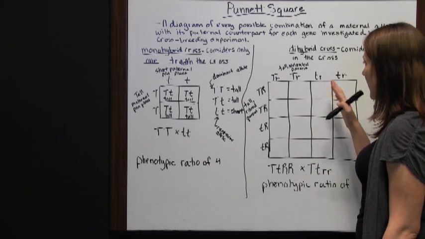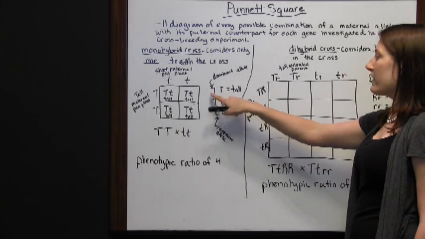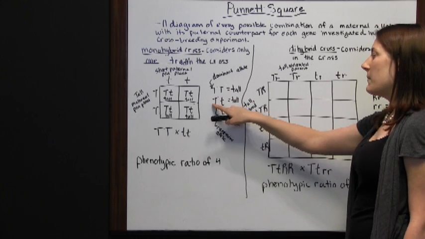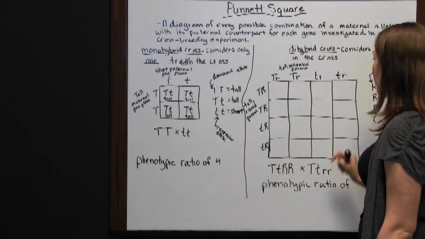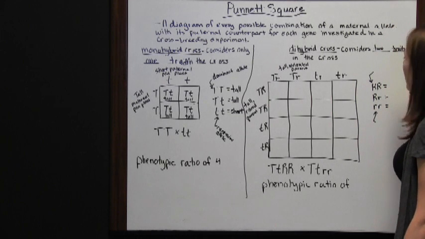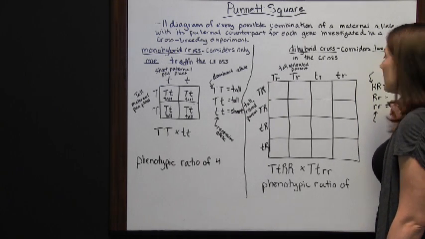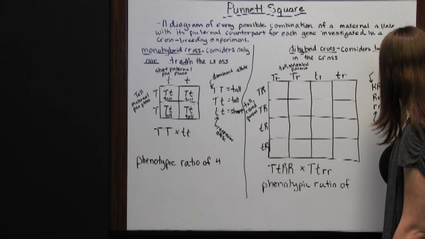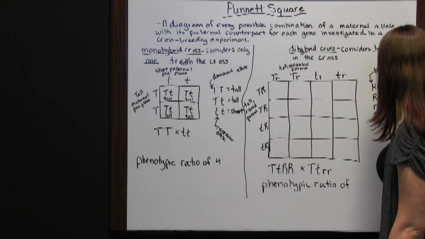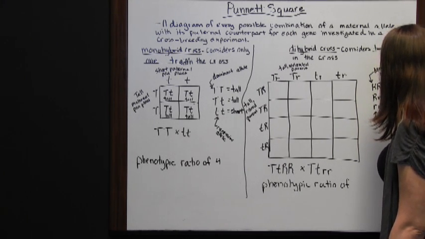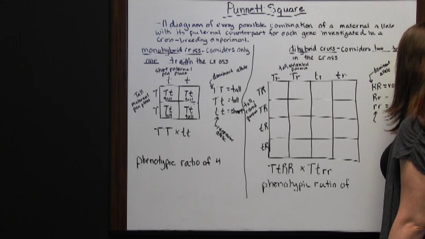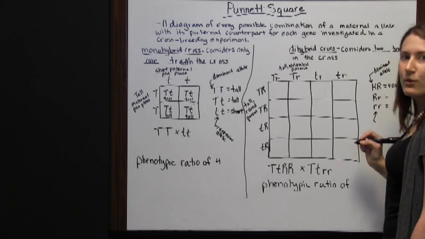So again, the T's are going to be the same. If we have 2 big T's, it'll be tall. A big T and a little t, tall. 2 little t's will be short. Your R's are going to stand for whether it's round or wrinkled. So the big R is the dominant allele, and it codes for round peas. Round peas are the norm.